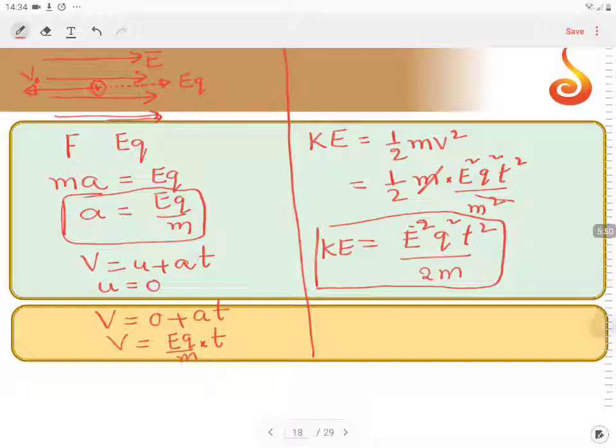That means the particle will stop there momentarily, and from there onwards, it will accelerate towards the right. So this charged particle again will cross the same initial point. They may ask you, what is the total time taken by the particle to reach the same initial point?